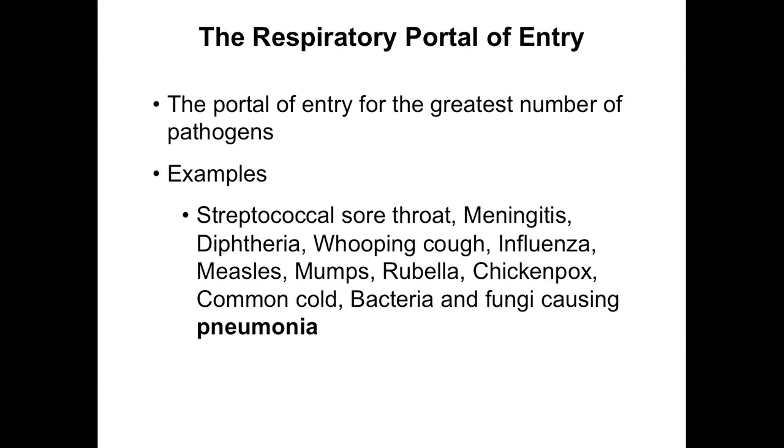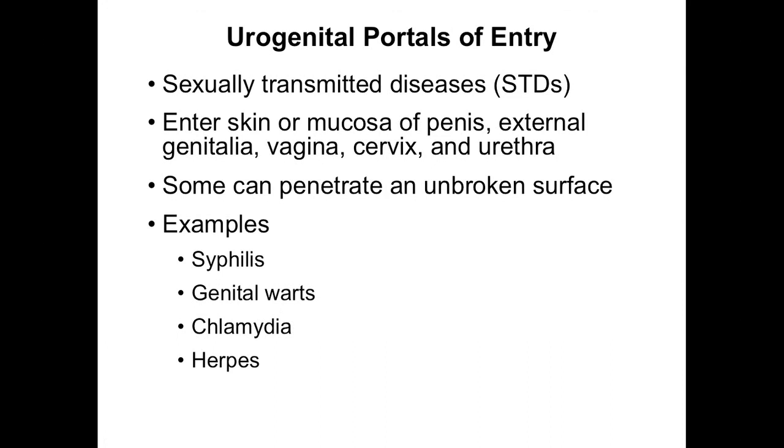Also, the tissues in the lungs are very, very thin, and that is to allow oxygen to assimilate. But it also allows for an easy entry point for a lot of pathogens. You can see a great number of guys down here. We'll talk about these in more detail, but whooping cough, influenza, measles, things that you've probably heard of before and associate with the respiratory tract.